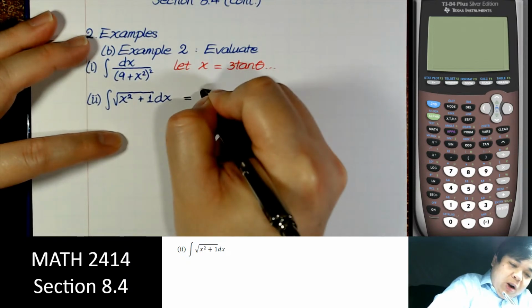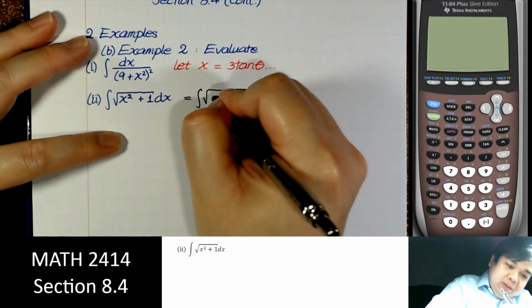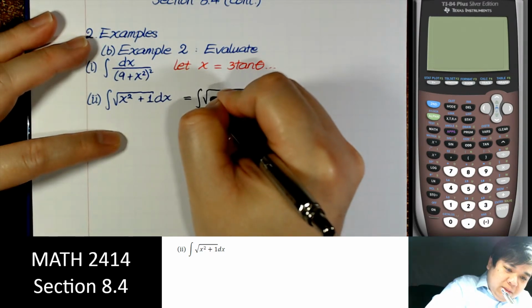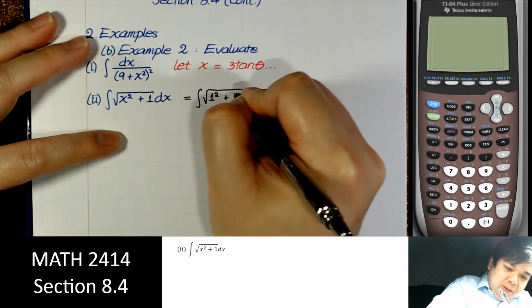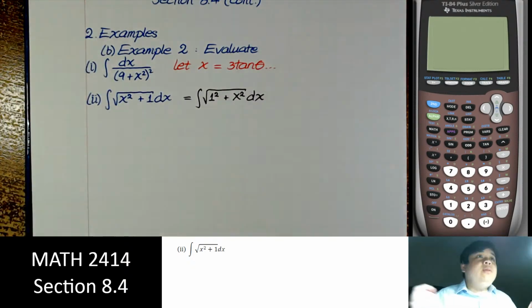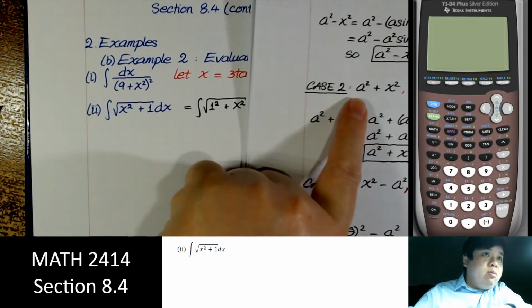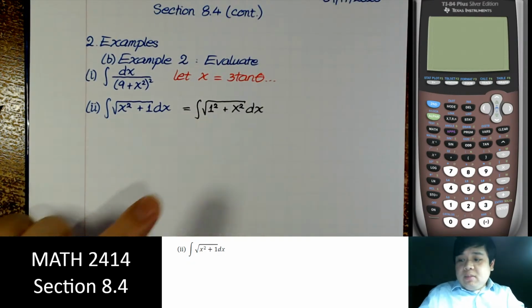Right. So we can write it like that. So that is consistent with what we have here. A constant squared plus x squared, where a is 1. Right. Substitution.